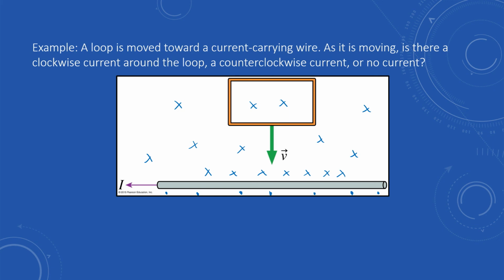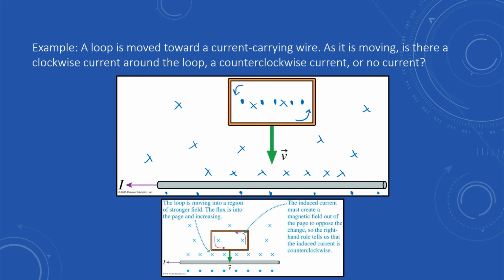If we want to oppose an increasing flux, we need to have an induced magnetic field pointing in the opposite direction, in other words, out of the screen. If that's the case, by the right-hand rule, if we have a field coming out of the screen in this loop, that means we should have a current moving in a counterclockwise direction.